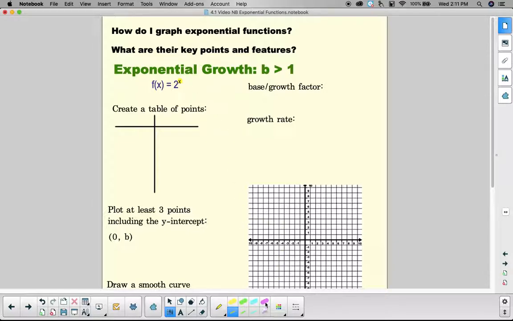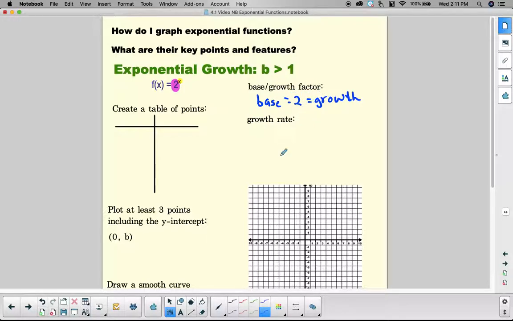Then we find the base. The base is 2, because 2 is what the exponent is attached to. So our base is equal to 2. And that is also equal to our growth factor. So every time our input goes up by 1, the output gets multiplied by 2.